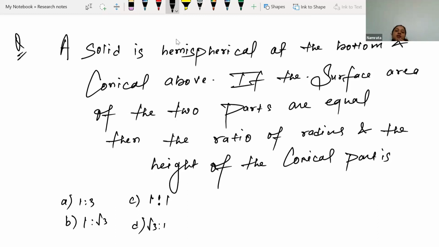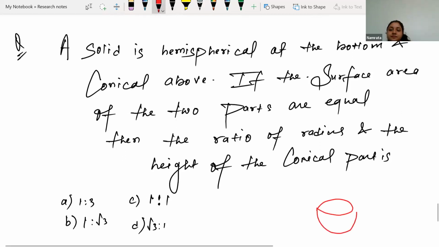Let's understand what exactly the question says. A solid is hemispherical at the bottom. So we have a solid which is hemisphere in shape at the bottom, like this. And conical above.